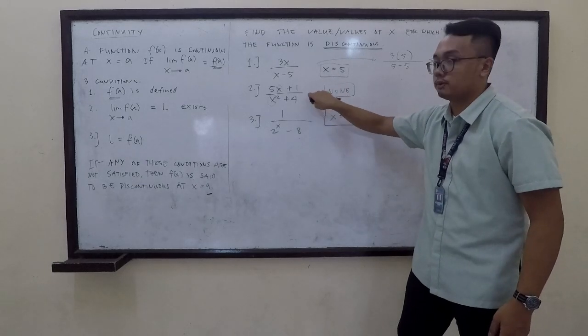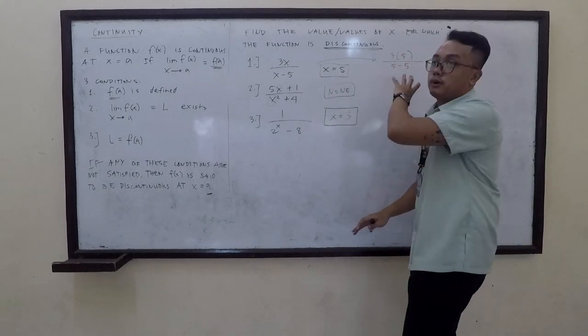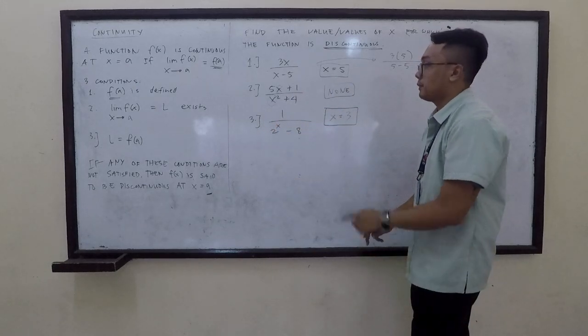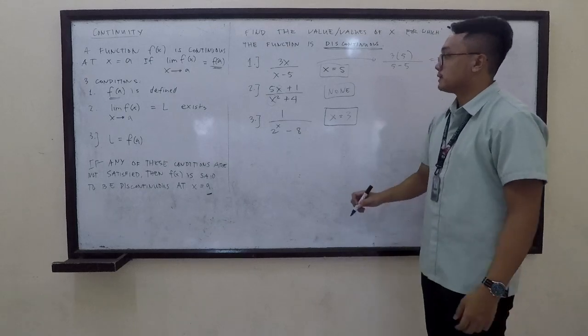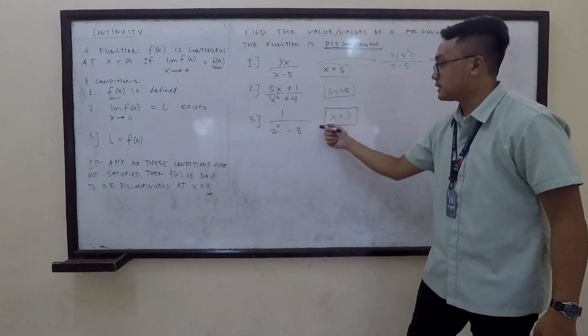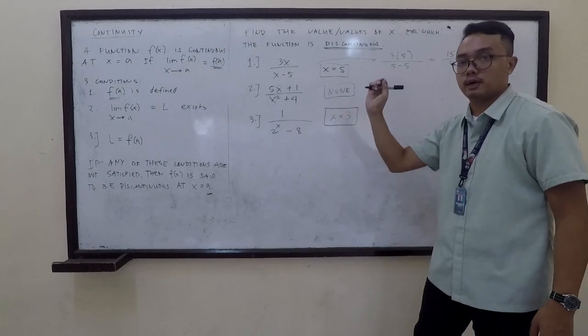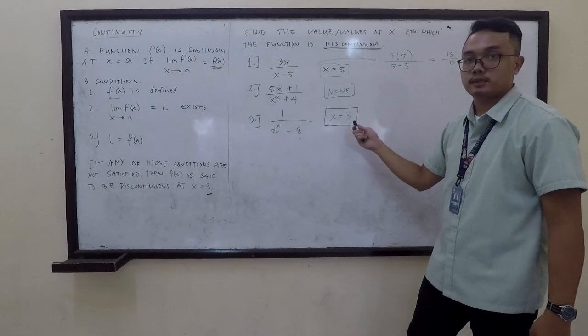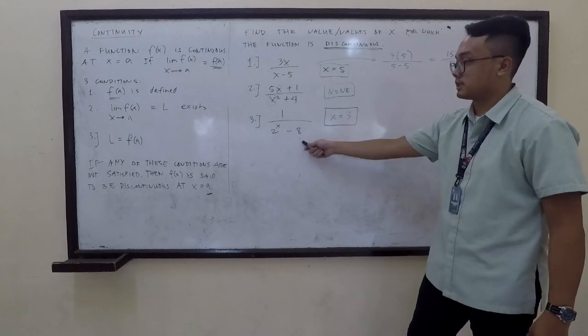So, dili siya may mong discontinuous. So, therefore, any values of x continuous yan. Wala siya discontinuity. Then, number 3, 2 raised to 3 is just 8. So, 8 minus 8, 0 ang yan. Denominator. So, therefore, x is equals to 3 should make this discontinuous.